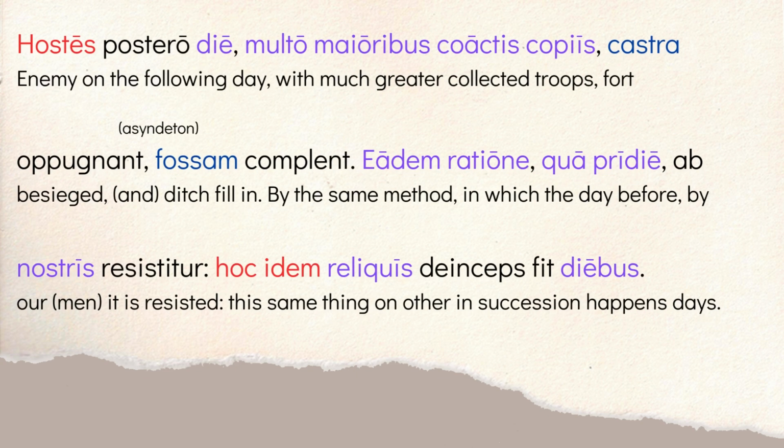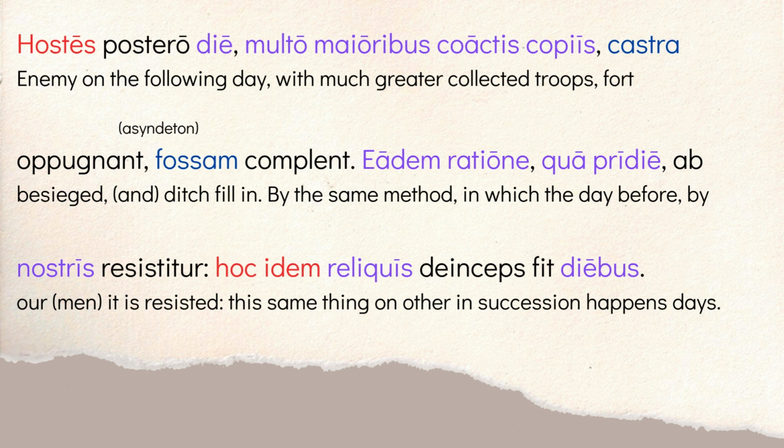Then it continues. You have hostes postero die multo maioribus coactis copiis castra appugnant fossam complent rather. So you have the enemy, right, the hostes, on the following day, posterior die, right? So on the next day, the enemy, they besiege the fort, the castra, right? They besiege the fort, and you have a asyndeton there, right?